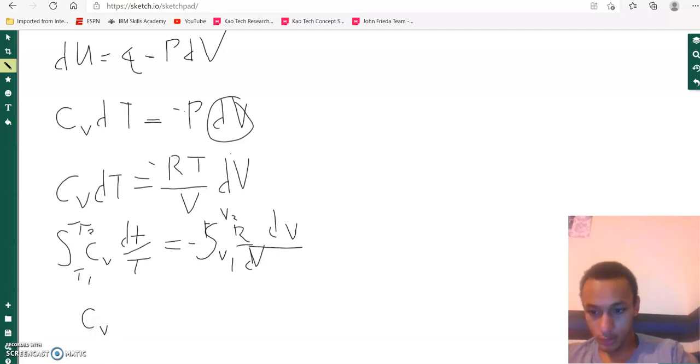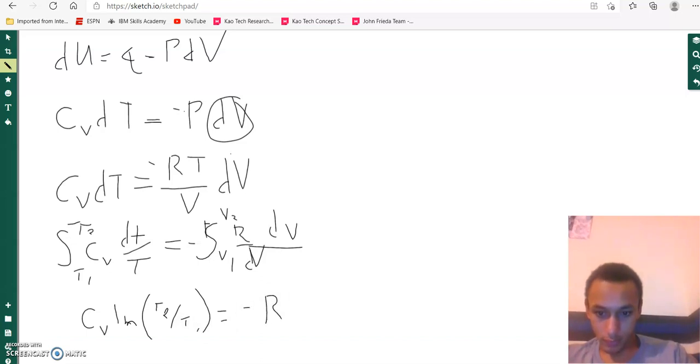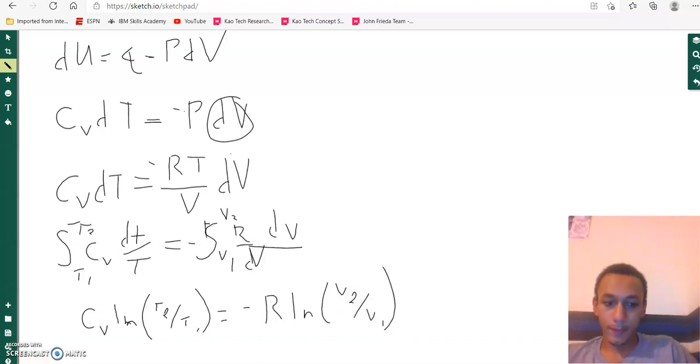CV natural log of T2 over T1 equals negative R natural log of V2 over V1. And then we can transform it.